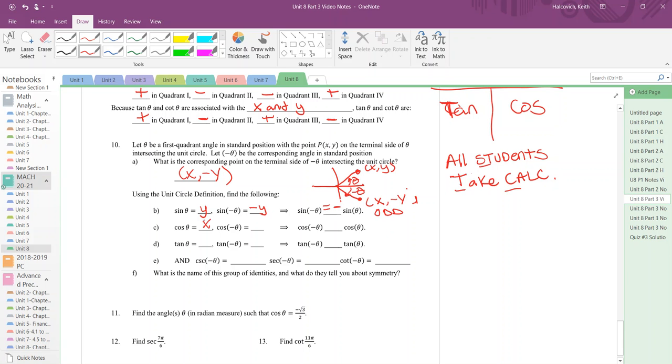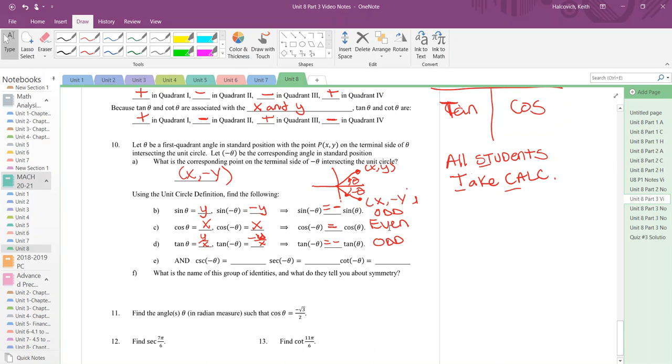Cosine of theta is equal to x, cosine of negative theta is still x, so that means they're just equal, that means that they're even. Tangent theta is equal to y over x. Tangent negative theta is equal to negative y over x, which means tangent negative theta is equal to the opposite of tangent theta, so they're odd.